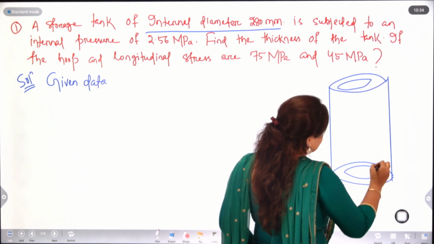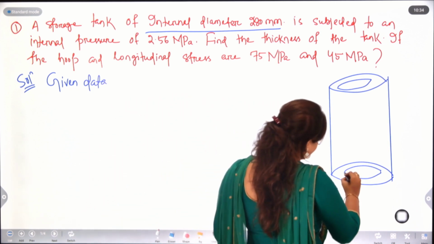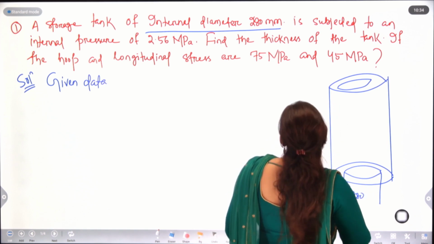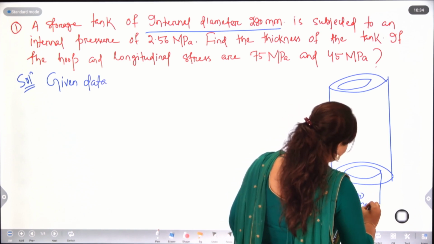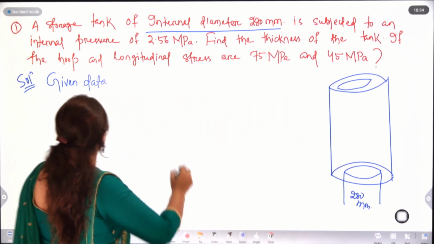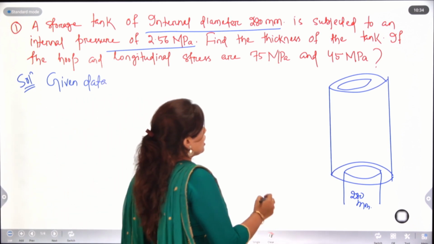So, what is given? Your internal diameter is given. So, this will be our 280 mm. Next, what is given? Our internal pressure, that is 2.56 MPa.